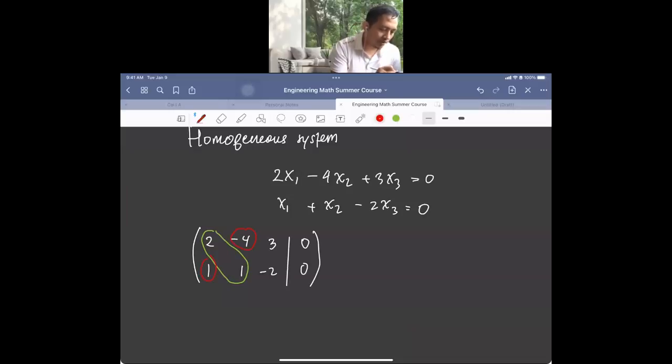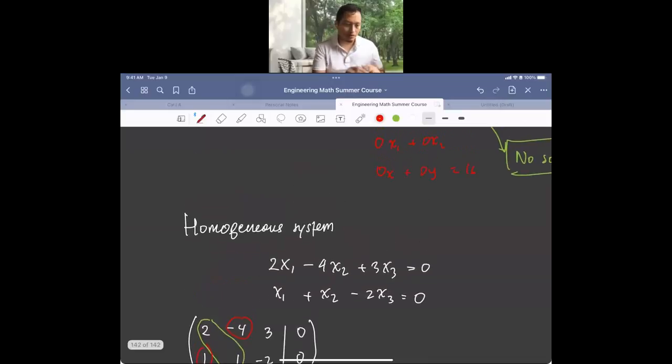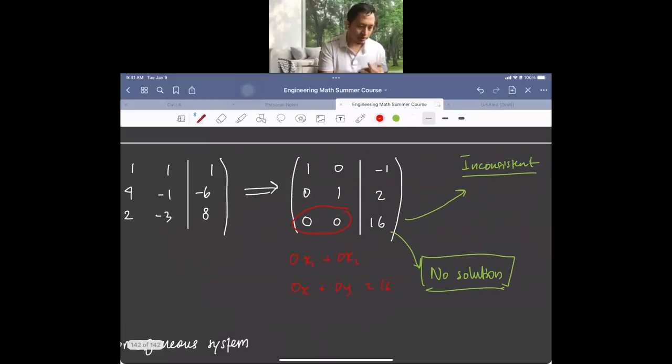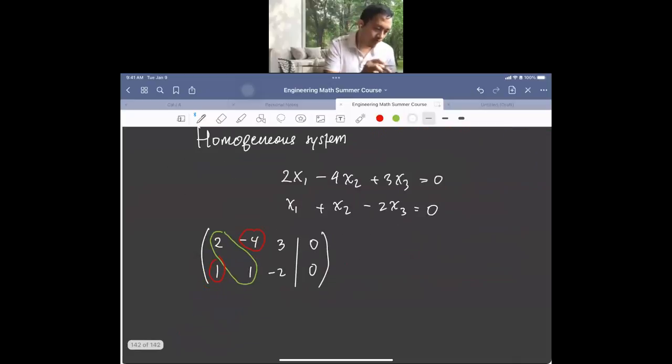Okay, and this part, this 1 and negative 4, let's make it 0. So later we will have what we call the trivial solution and non-trivial solution. The trivial solution is when the solution consists of all 0. So as a reminder, we have no solution if we have 0, 0 and a number. But what happens if it is all 0, 0, 0? That we call the trivial solution.